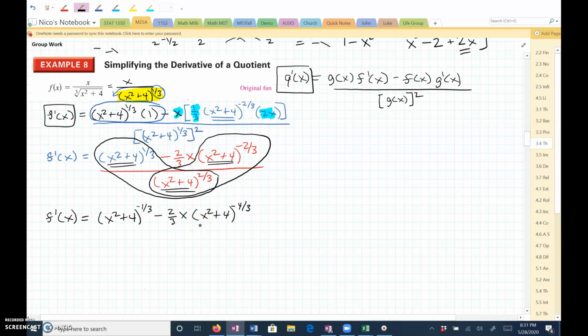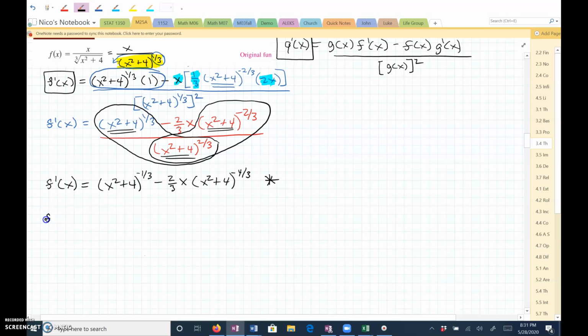Okay? Next, here is where we are going to factor out the power of least degree. So notice that we have two factors, right? These factors are the same, and then they have different powers. So you're going to factor out the power of least degree.